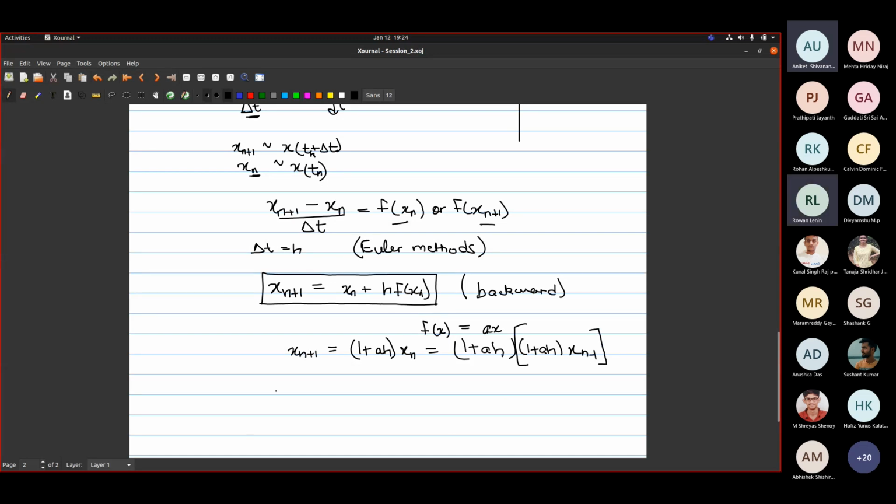So ultimately my n plus 1th approximation becomes this, and you can see that this basically corresponds to an exponential function. If we take h to go to 0, you can see that this whole thing becomes an exponential.